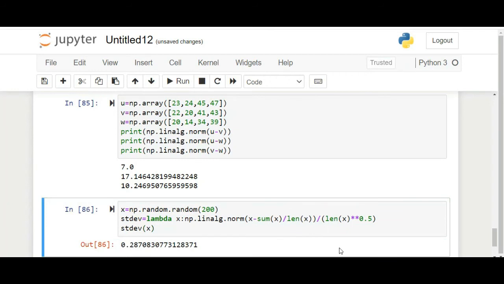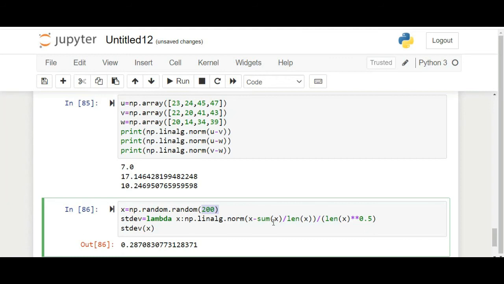So this is the standard deviation. We are taking any 200 random points, and the standard deviation lambda x is actually x minus the summation of x.